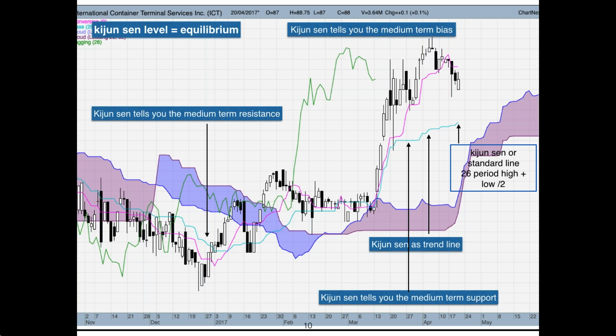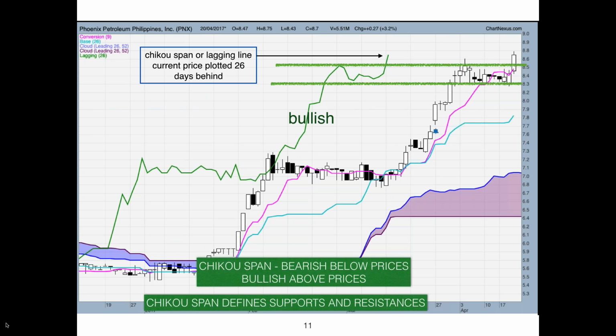So what is the next component? It's the Chikou span. The Chikou span is also known as the lagging line because it's behind current price by 26 days. Or sorry, not 26 days, but 26 periods.